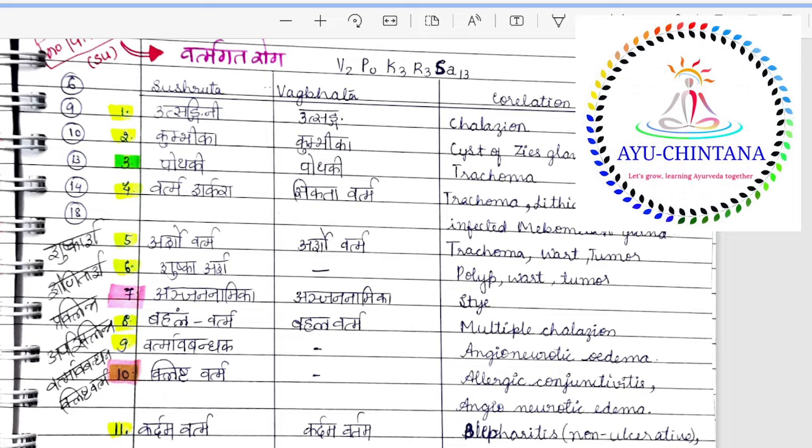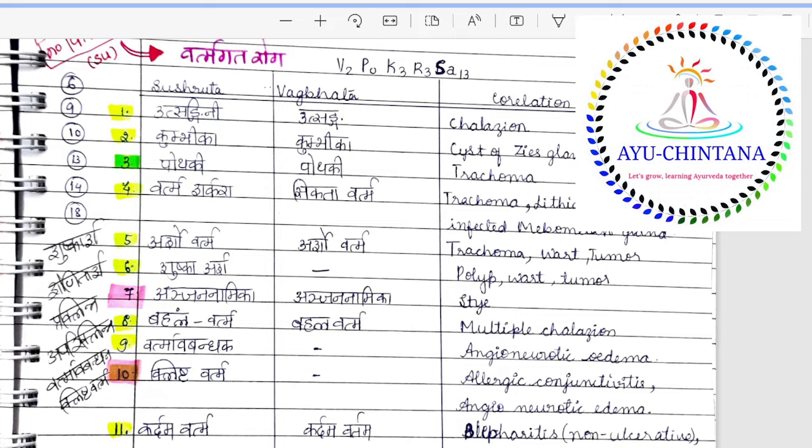Okay. So how many are there? What are all the doshas that they correspond to? We will now understand. Totally in the Vartma gataroga, okay, write it column wise. In Vartma gataroga, there are 2 Vataja, and here you have to mention there are no Pittaja Vyadhis in Vartma gataroga.